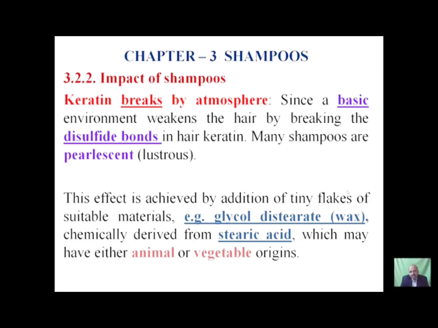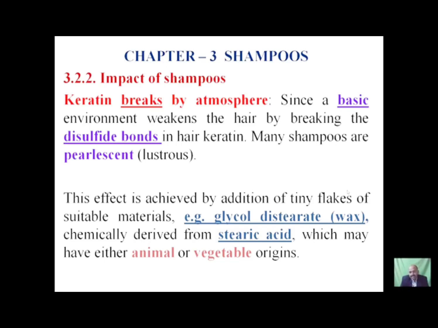Therefore, the shampoos, as you can see here on the slide, achieve this effect by the addition of tiny flakes of suitable material, that is glycol distearate. It is like a wax, it has the action of wax, and is chemically derived from stearic acid, which may have either animal or vegetable origins.